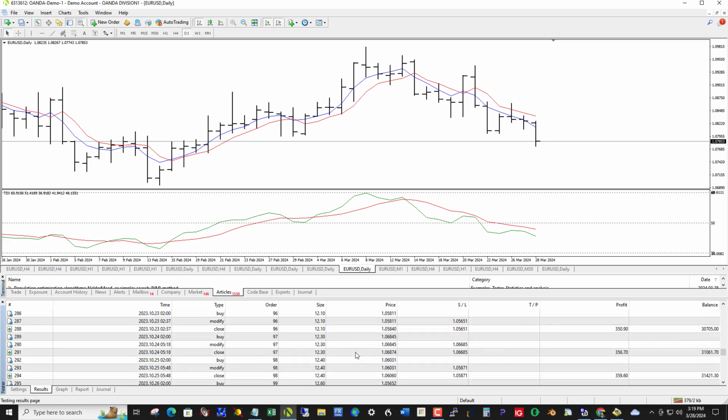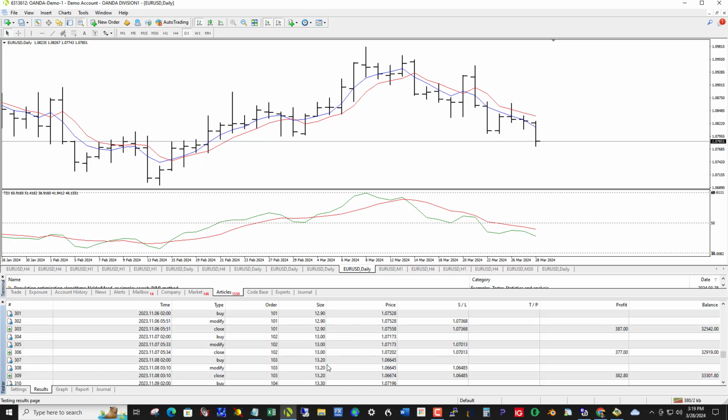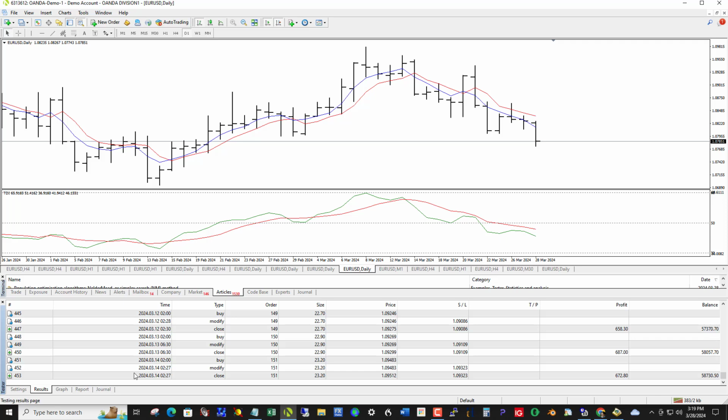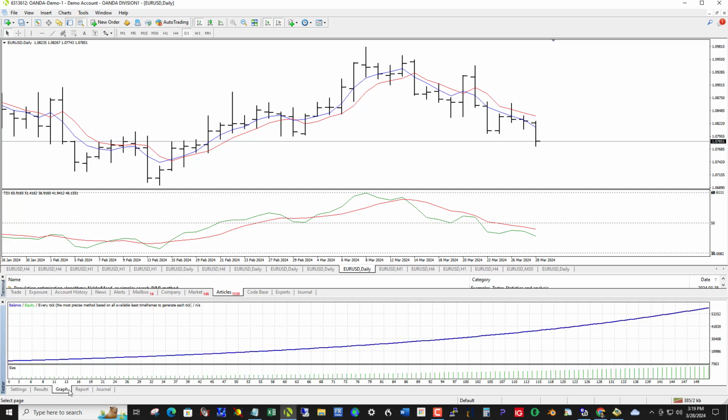But it's a regulated U.S. broker, and notice how the lot size is increasing and the profit's increasing. And as we get to the end here, we're trading 23 lots and a daily profit of 672. And notice how the curve is trending upward.